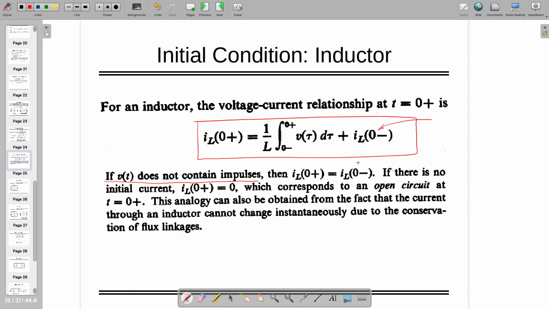So then it will be some zero value. If there is no initial current, IL0 plus equal to 0, and similarly IL0 minus is also equal to 0. This analogy can also be obtained from the fact that the current through an inductor cannot change instantaneously due to the conservation of flux linkages. This is already known to you, right? Anything which is not known to you, just let me know.